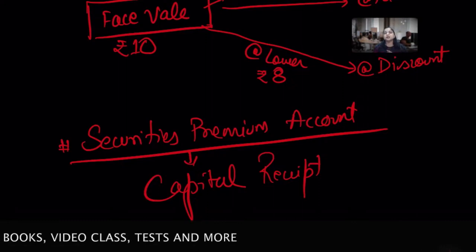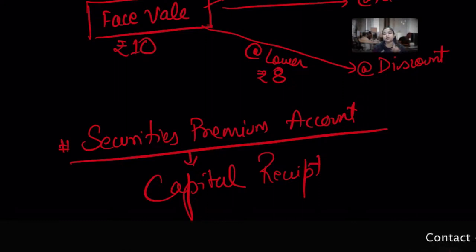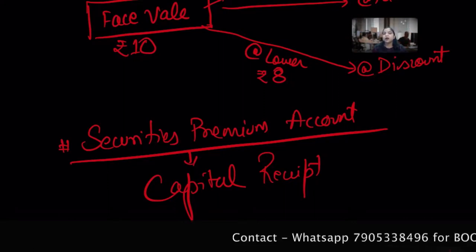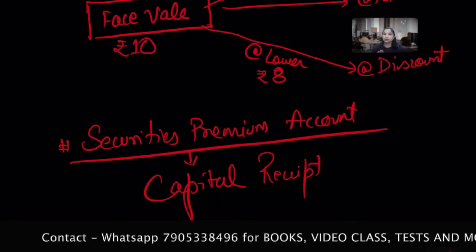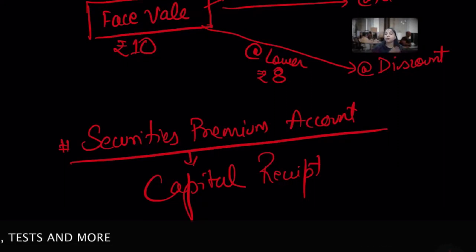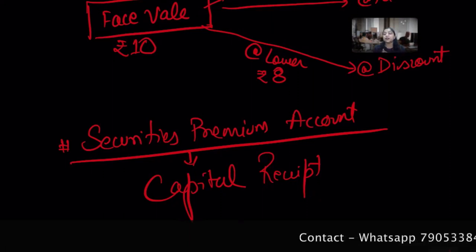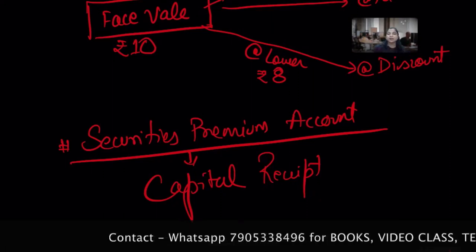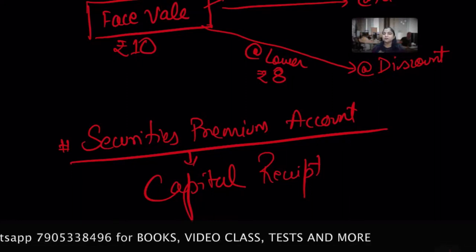As per the Companies Act 2013, when a company issues shares at a premium, whether for cash or in any other form, a sum equal to the premium amount, whatever amount is collected as premium on the issue of shares, must be credited to a separate account. That separate account is called the Securities Premium Account.